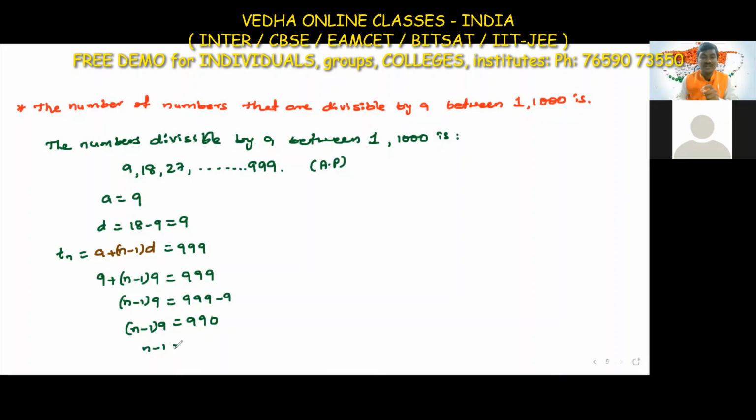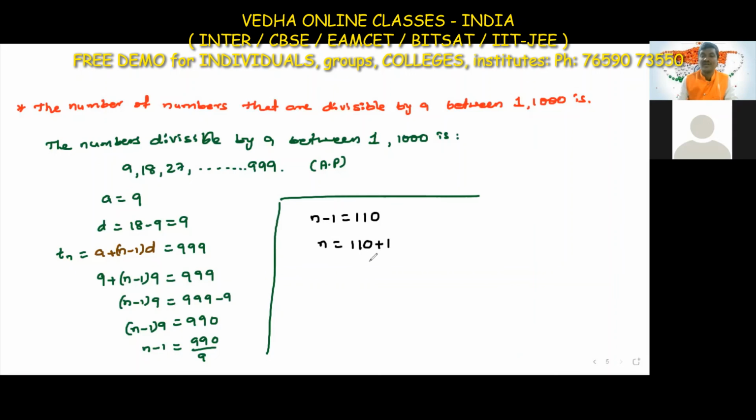Now 9 is multiplying, so if you take it to the other side, it divides. So n minus 1 is equal to 990 divided by 9, which is 110. Now n is equal to 110, taking minus 1 to the right side, plus 1, so we get 111.